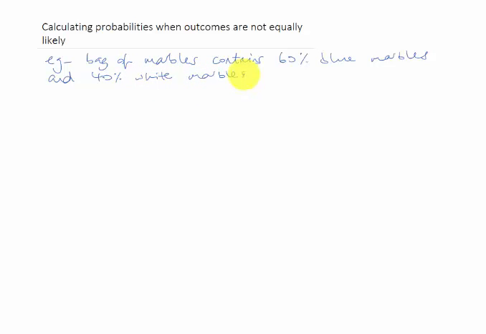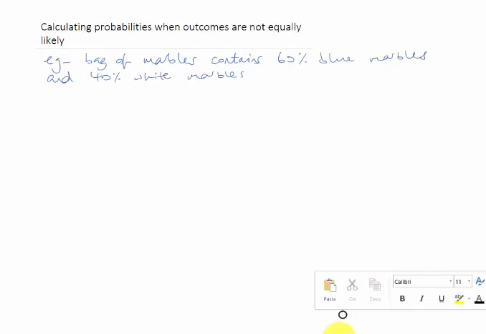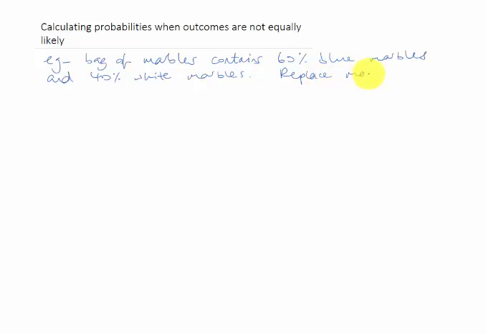So we're going to look at a couple of things, drawing 2 marbles out of the bag. The first condition, our first question, is with replacement, so we're replacing marbles into the bag. That's important.